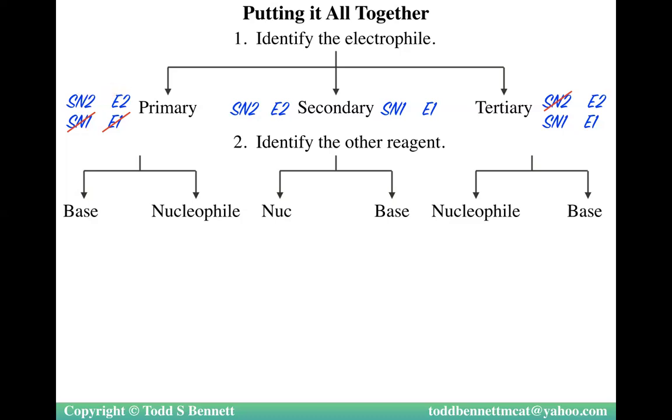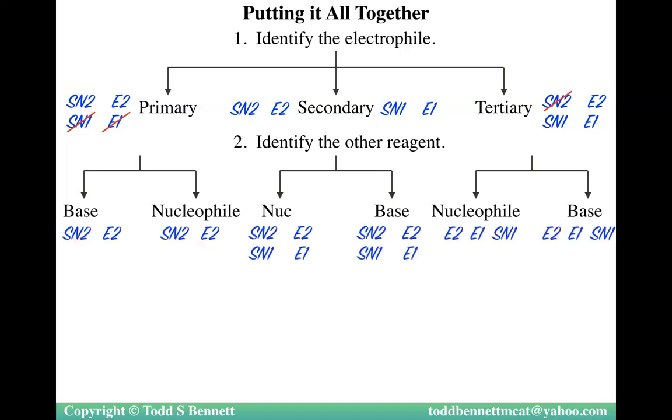We have E2 and SN2 as the options for primary. For secondary, all of them are still possible. Didn't get rid of anything. And for tertiary, we have E2, E1, and SN1 possible. So we now have six combinations we're looking at: primary with a base, primary with nucleophile, secondary with a nucleophile, secondary with a base, tertiary with nucleophile, tertiary with a base.